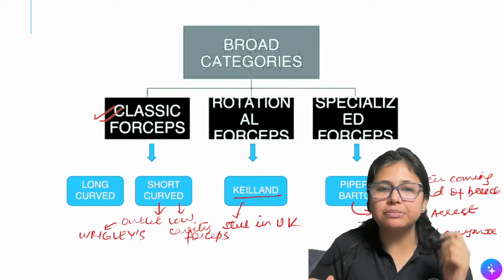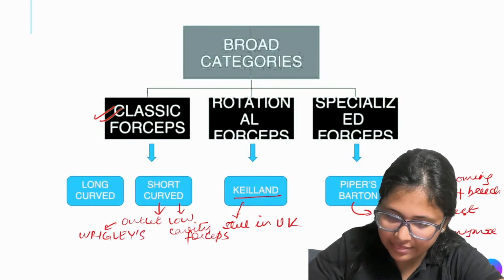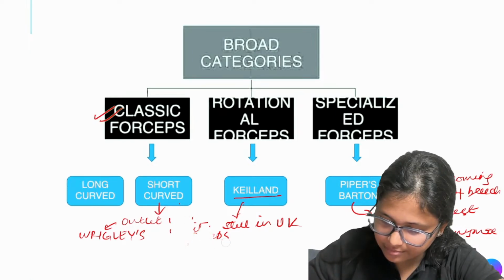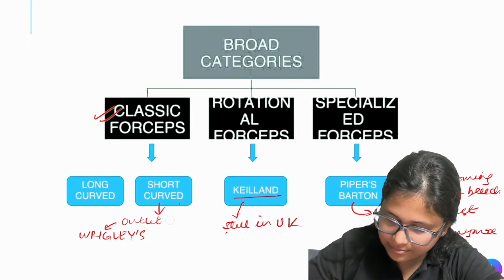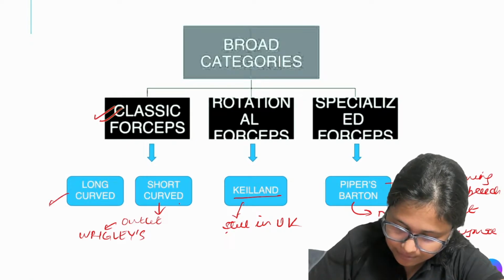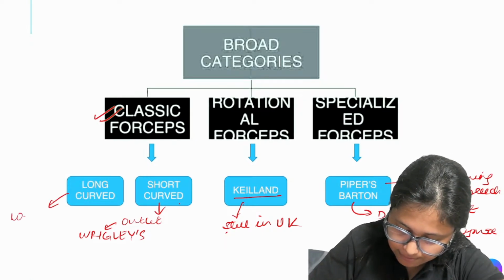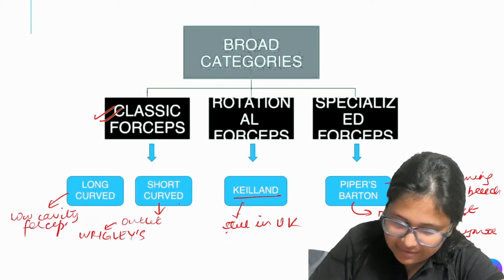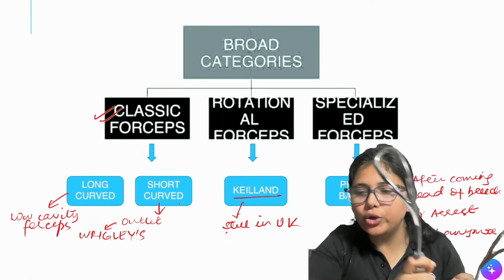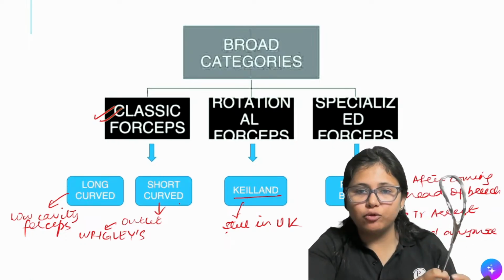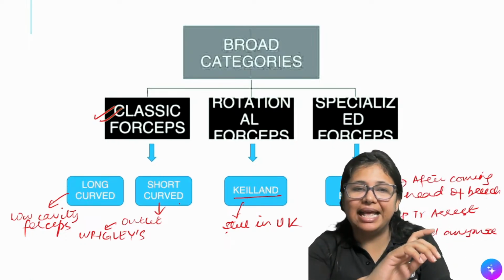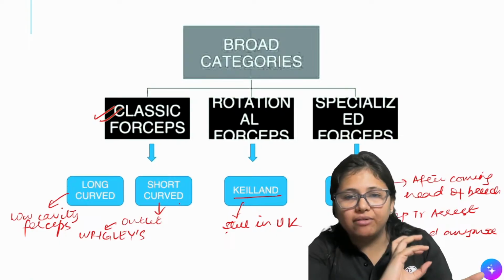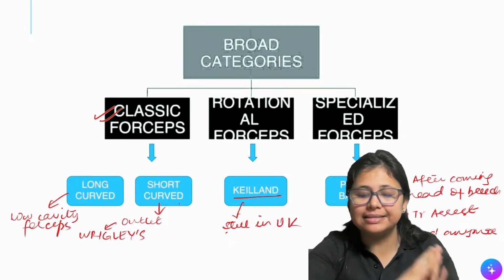Literally, the only difference between them is the length. So the one that I showed you is the Wrigley's outlet forceps. So the long one is low cavity, the short one is your Wrigley's, right?